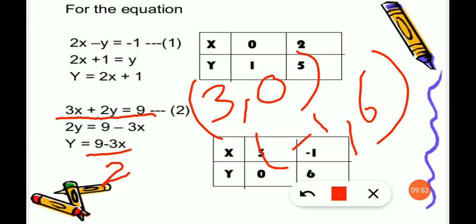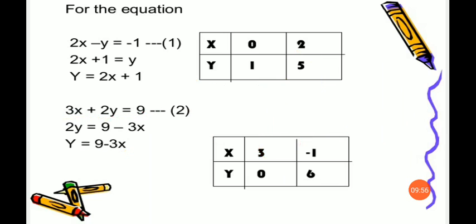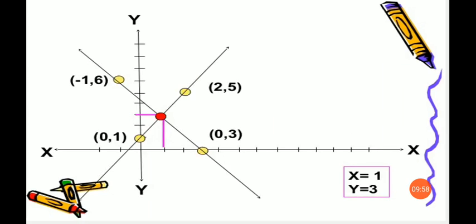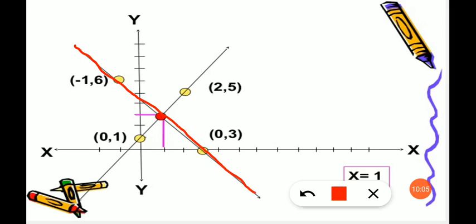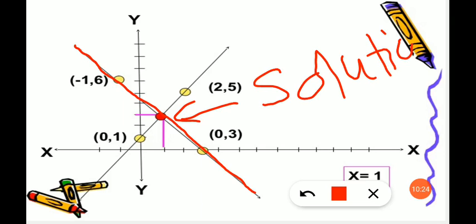Now we plot these 2 points on the same graph, and we get one more line. This is the line we are getting. After plotting the two lines on the same graph, we get intersecting lines. The point of intersection is known as the solution of the pair of linear equations.